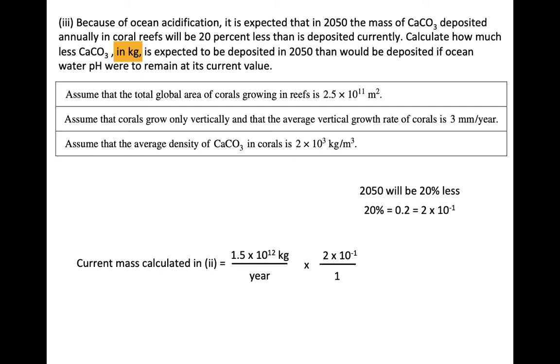And so multiplying across the top, we have 1.5 times 2 is equal to 3. And then 10 to the 12th power times 10 to the negative 1, we add our exponents. 12 minus 1 is 11. And our units stay the same. So we have 3 times 10 to the 11th kilograms per year.